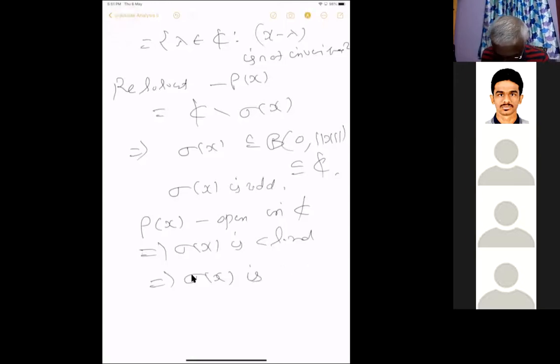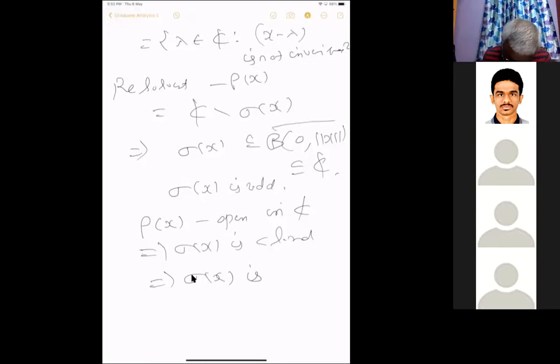So by B of 0 with norm x, you mean the closed ball? Yeah, it's a closed ball. For invertibility, you have to take it; usually norm x will be there. We haven't completely proved that, anyway, I will come to that. So yeah, you are right, it's a closed ball.